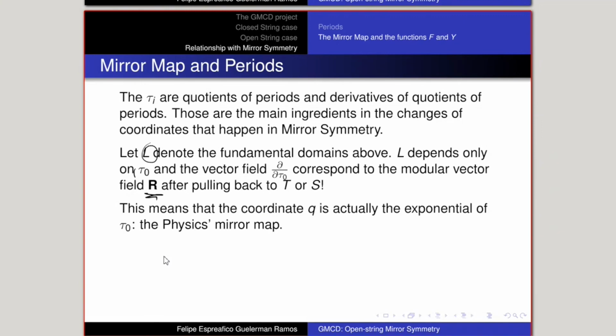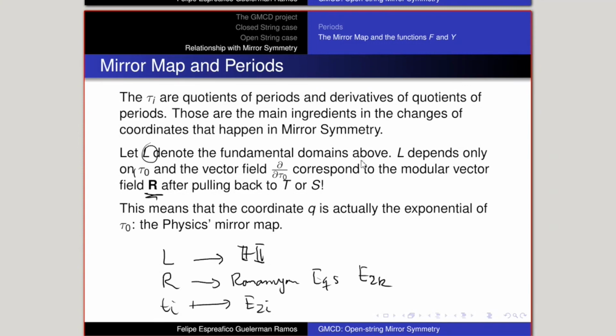So in the end, L plays the same role as the modular upper half plane. R plays the same role as the Ramanujan equations among the Eisenstein series E_2k. The t_i are the Eisenstein series, and that symplectic group there will be the SL2 here, right?